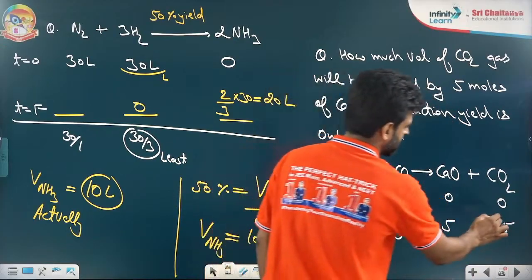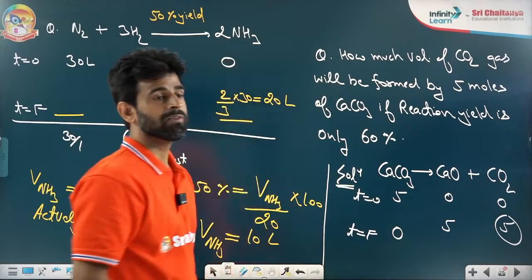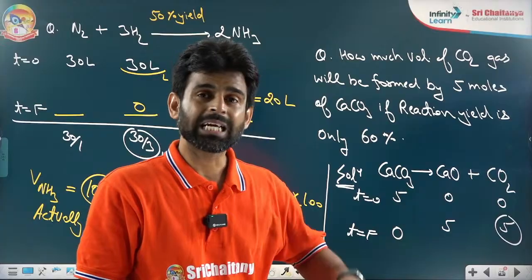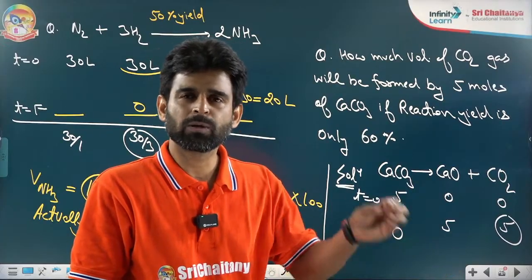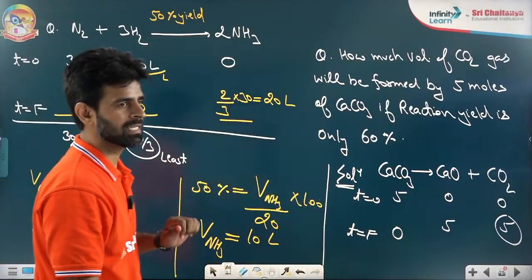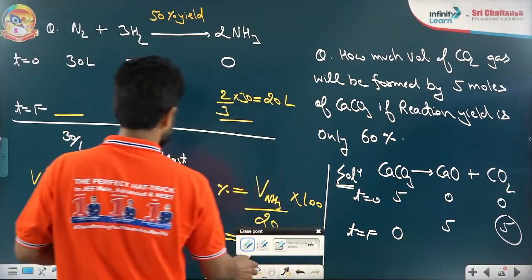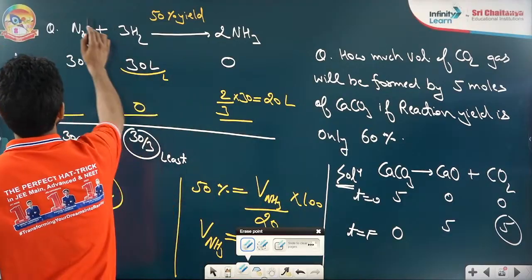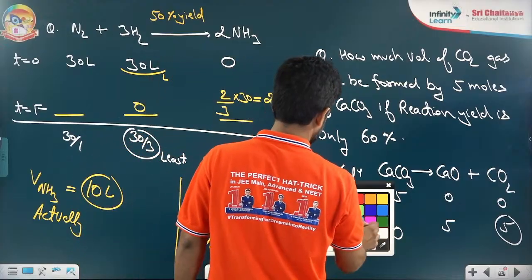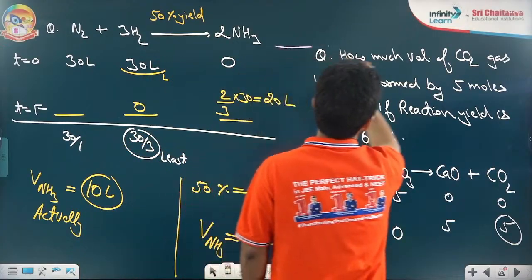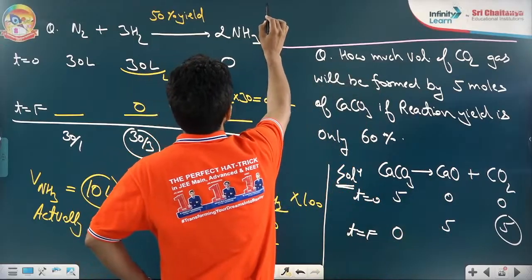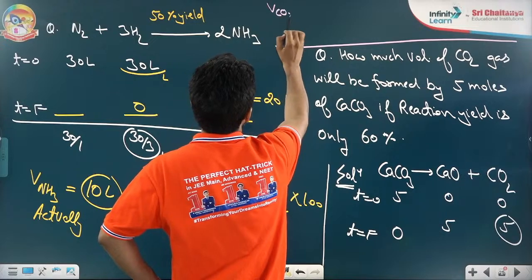So we were expecting by stoichiometry that we will get 5 moles of CO2 gas, but because of some situation, the reaction will stop in between and we will get less. So we were expecting 5 moles. What is the volume of CO2 actually?